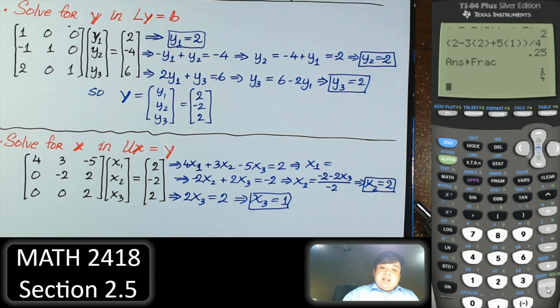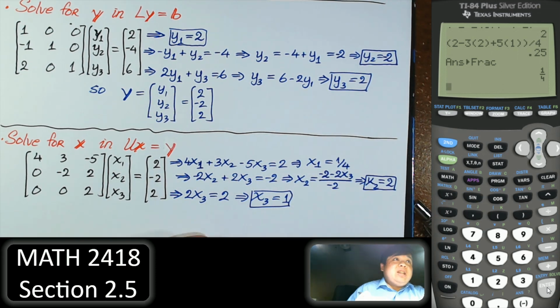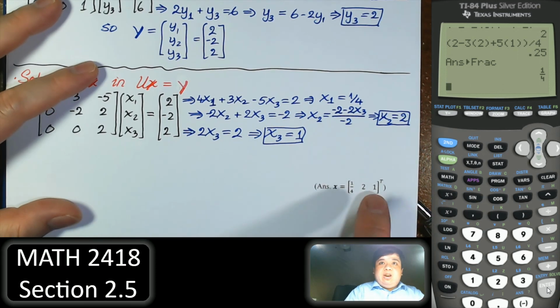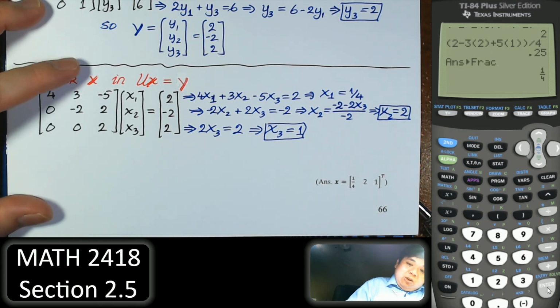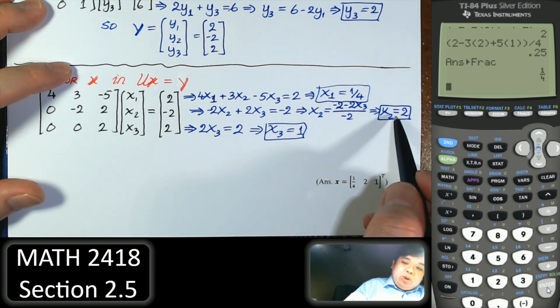Because I wrote the answer earlier in case I made a mistake, so I know if I got the right answer or not. So it is correct. So in this case we have x1 is 1/4, x2 is 2, and x3 is 1.